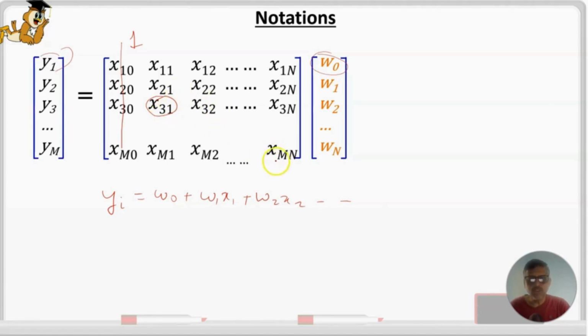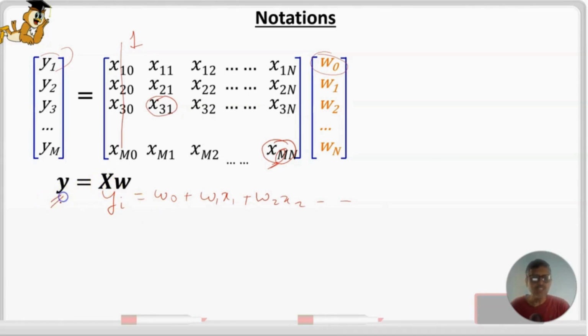And because you have m training points, xmn is the value of the nth independent variable in your mth training point, right? So this is what this notation is. And I'm going to simply write this as y equal to xw.